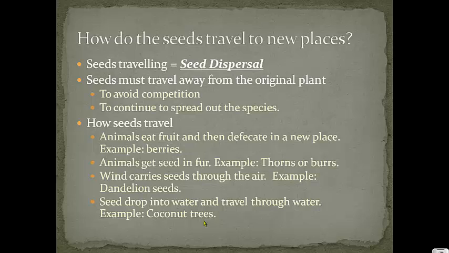And those coconuts are actually designed so that the salt water and falling to the ground and all of that doesn't hurt them. That's why coconuts are so hard to open if you've ever tried to open one, because they're designed to go through a whole lot so that they can travel through the water and make new coconut trees on new beaches.